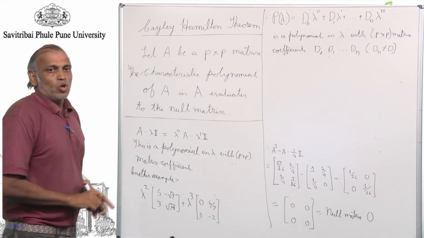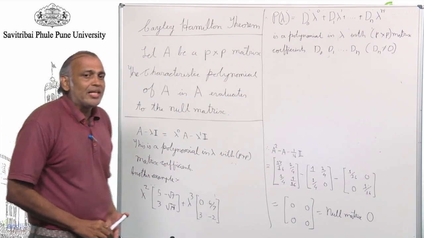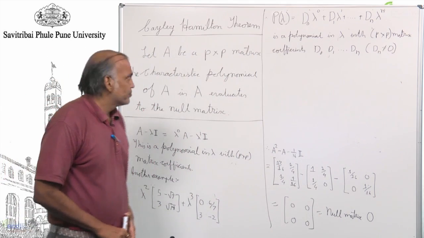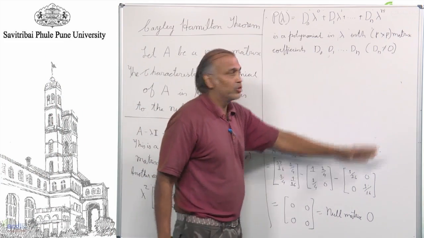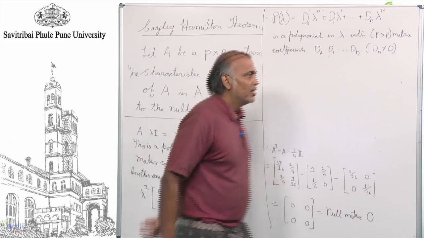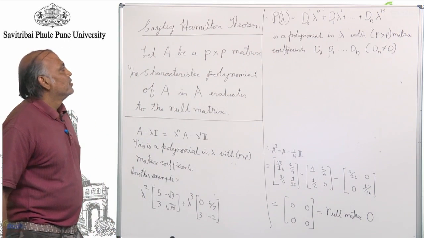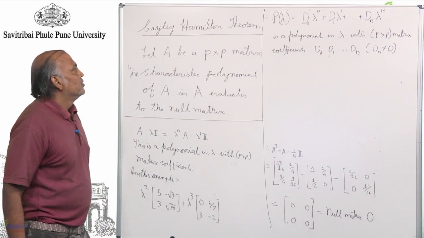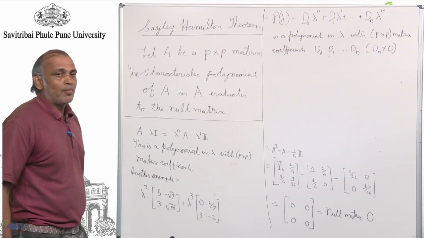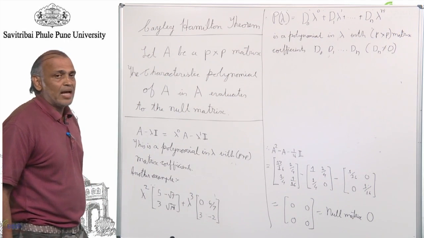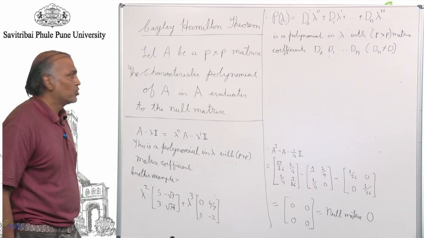So script T of lambda is a polynomial in lambda of degree n, with matrix coefficients that are all p by p.